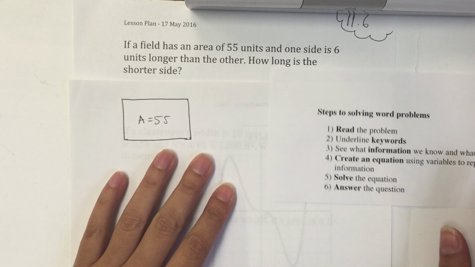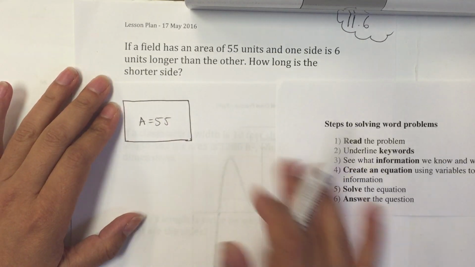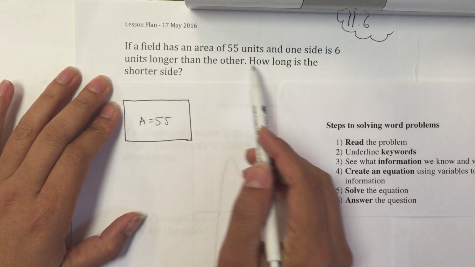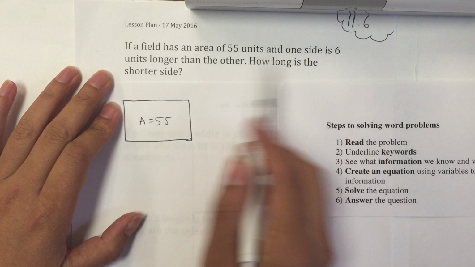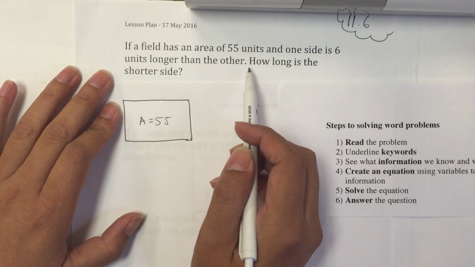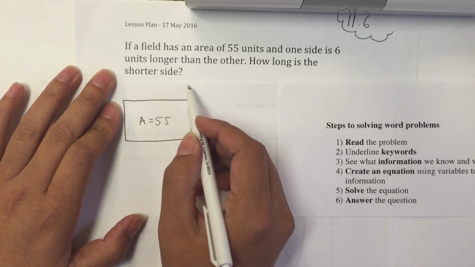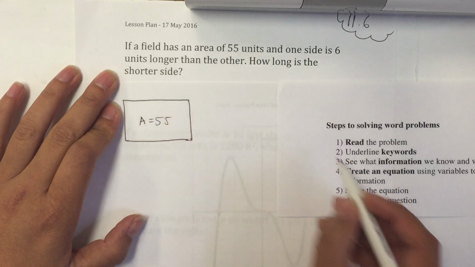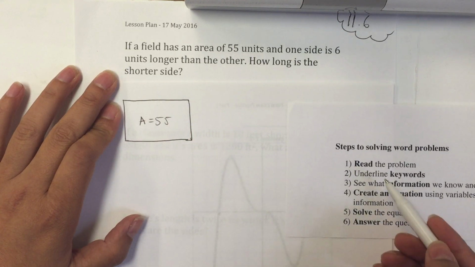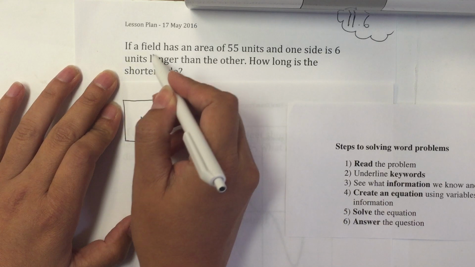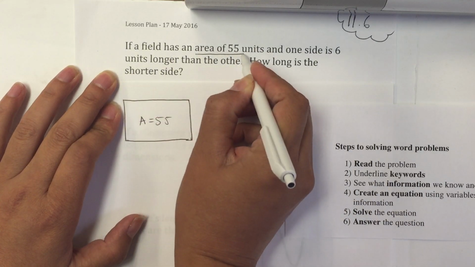The problem says, if a field has an area of 55 units and one side is 6 units longer than the other, how long is the shorter side? To be able to solve it, we need to underline keywords. So it has an area of 55 units.